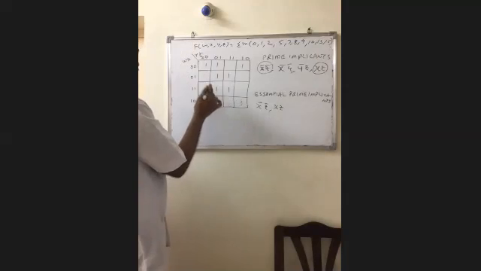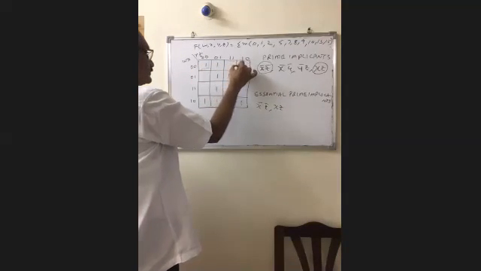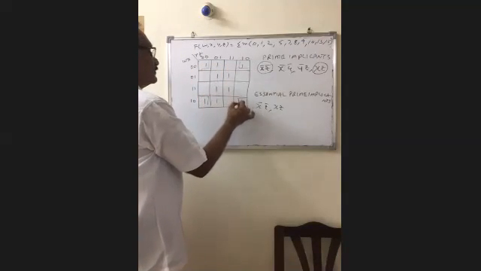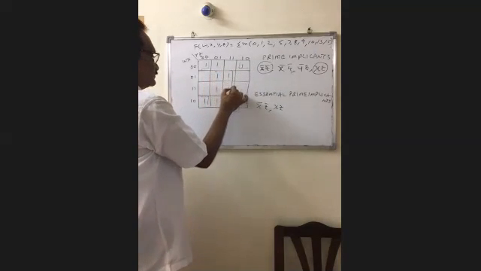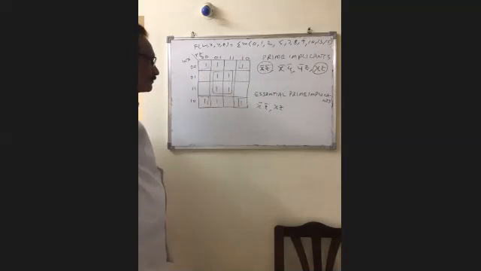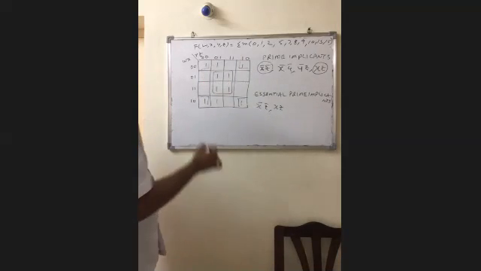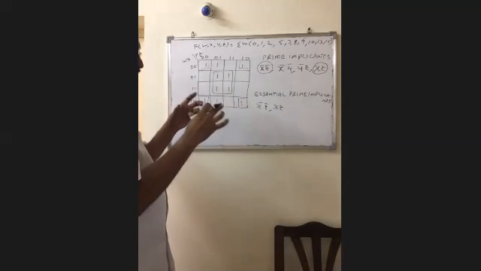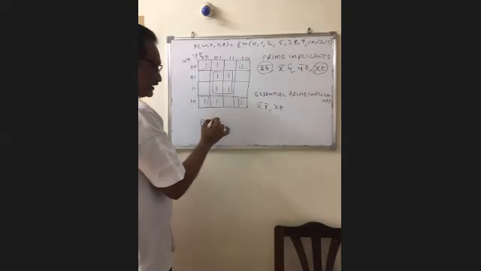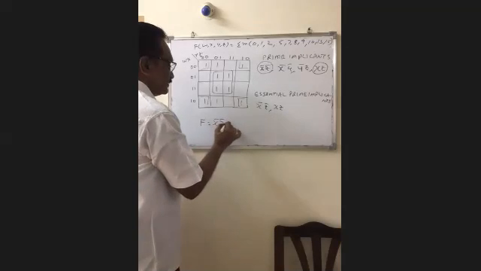What is x bar z bar? Four corners. And xz, this one. To write the minimal expression, f is equal to, first write the sum of all the essential prime implicants. So x bar z bar plus xz.